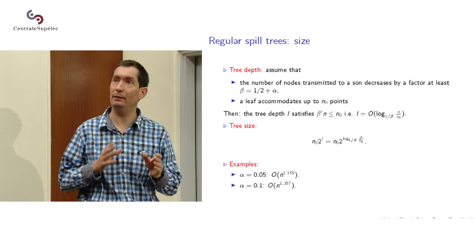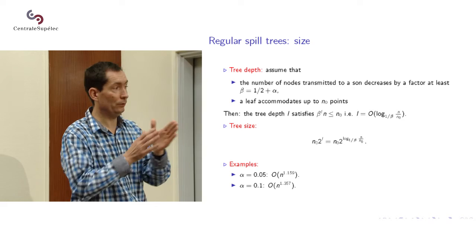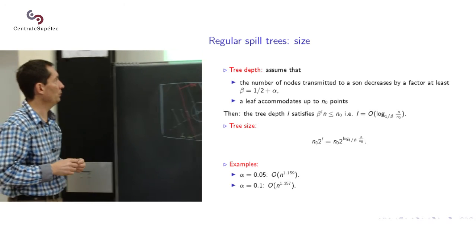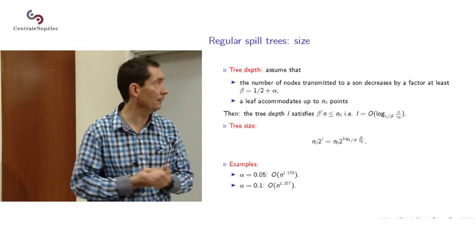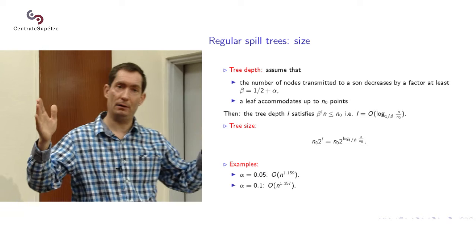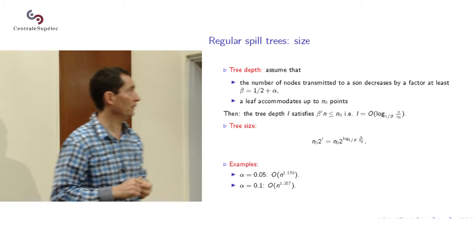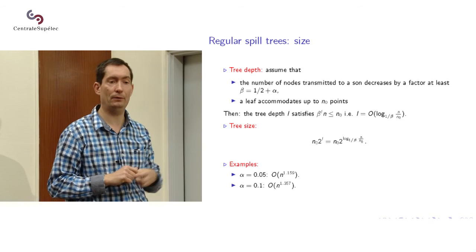So, in fact, as you can see, you slightly pay for this redundancy. If you want to enlarge this stripe around the median up to 0.1, that is 10% of the range occupied by the values in projection along the random direction u, then your overall size is going to be n to the 1.35.